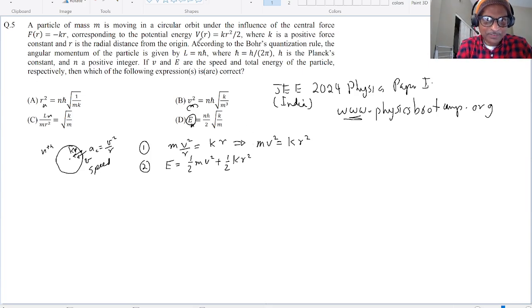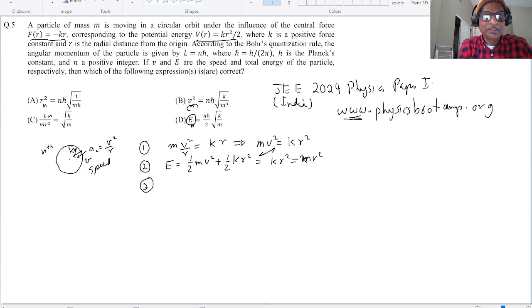I don't know why they gave you the potential energy formula, because you would expect potential energy to be that anyway, but make use of it. I could write this as k r square, or as m v square, and so I can write energy this way.